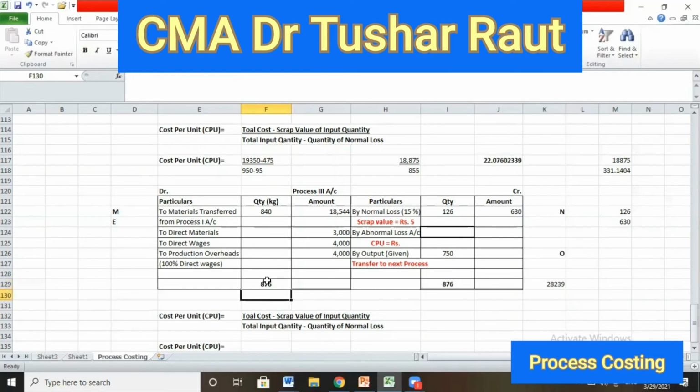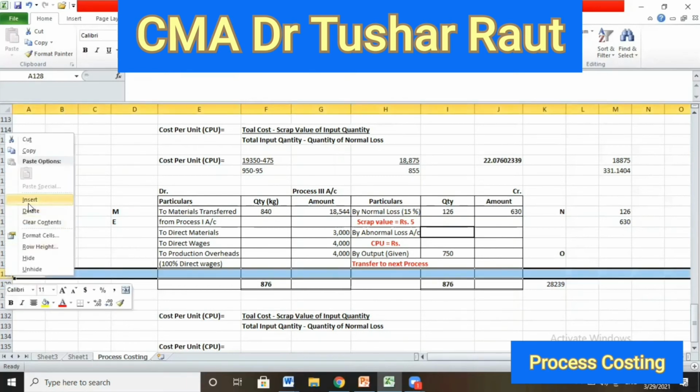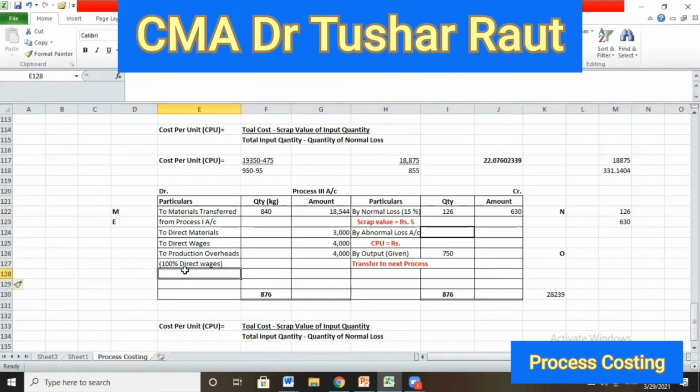If it is 876, we need to understand that there is a difference on the debit side, and this will be called the abnormal gain account. So this time there will be no abnormal loss, there will be an abnormal gain account, and again that needs to be calculated as per CPU.